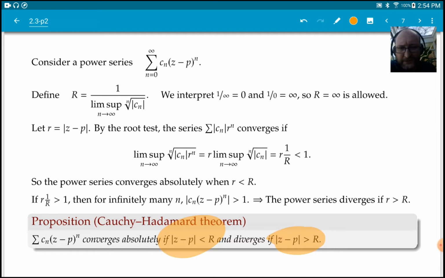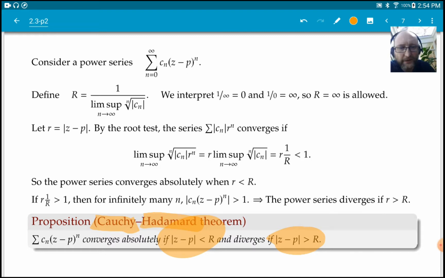By the way, Hadamard published this in his thesis like 50 years after it appeared in one of Cauchy's papers. So somehow he must have not seen it, right? But he still has his name on it.